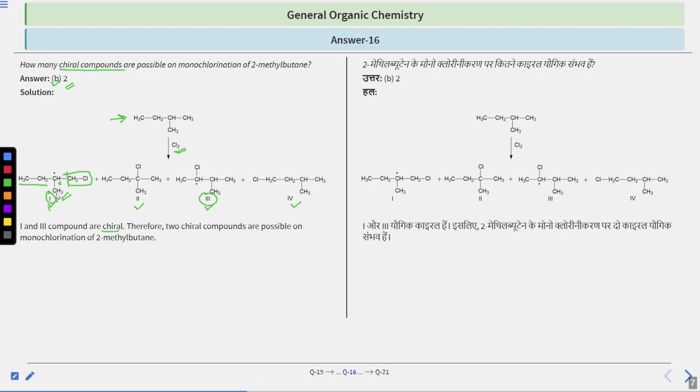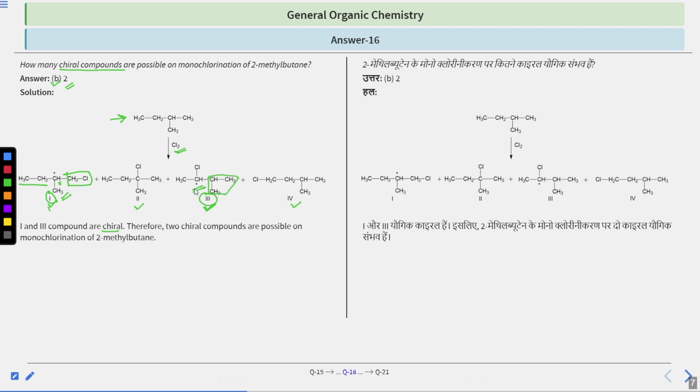That means this carbon is a chiral carbon. Similarly, in the third compound, this star carbon is directly attached to 4 different groups, that's why it is a chiral carbon. One is chlorine, another is hydrogen, another is CH3, and another is the CH3 group.